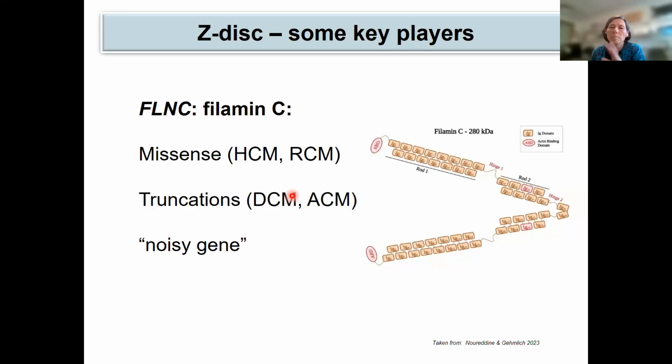Generally, truncations in filamin C tend to cause dilated cardiomyopathy or arrhythmic cardiomyopathy, whereas missense variants tend to cause hypertrophic cardiomyopathy or restrictive phenotypes. Given the size of the protein and of the gene, it's quite a noisy gene in the sense that you will find lots of missense variants, but not all of them are pathogenic.